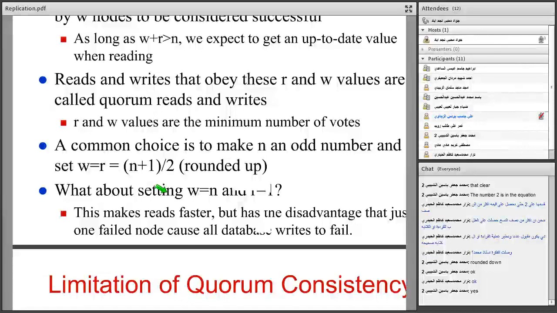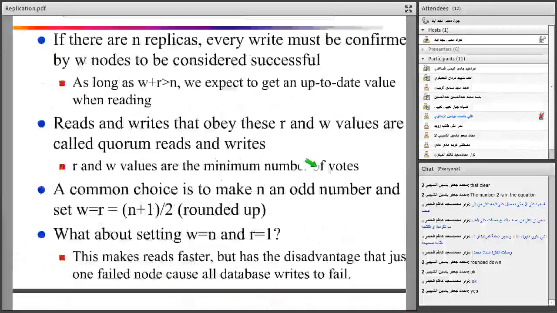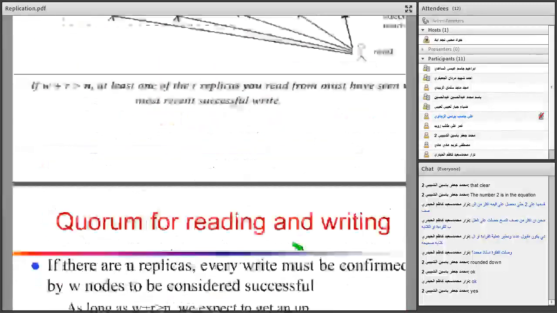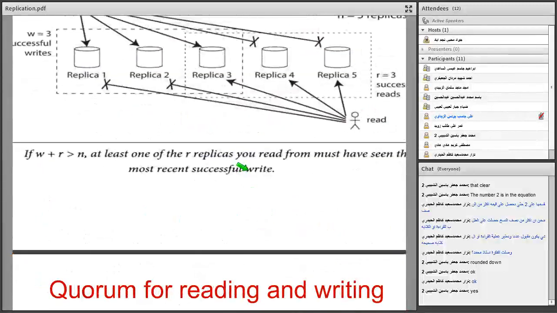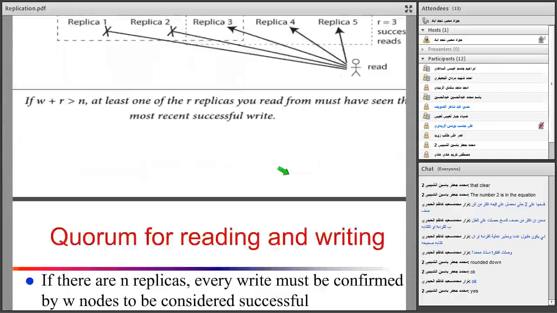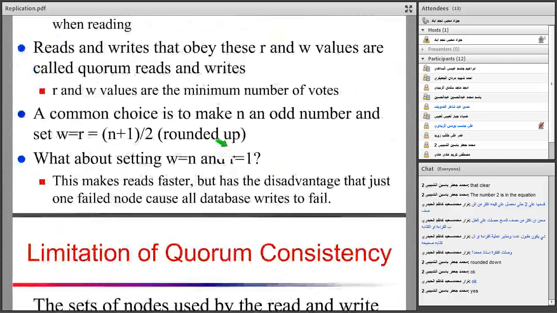How about setting W equal to N and R equal 1? We know this relation is right because W is N and R is 1. N plus 1 is greater than N, and it's acceptable.